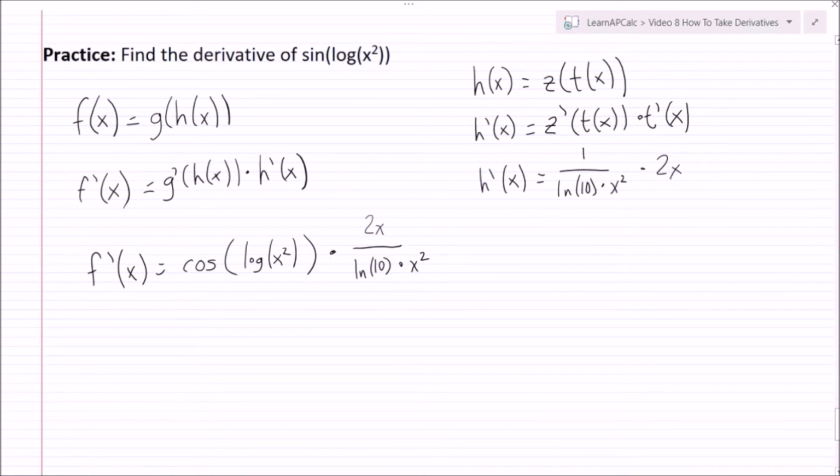So if you knew that the derivative of ln of x equals 1 over x, but you didn't know the general one, you would have to do the chain rule again. But if you did know it, you could just write out h prime of x right away.